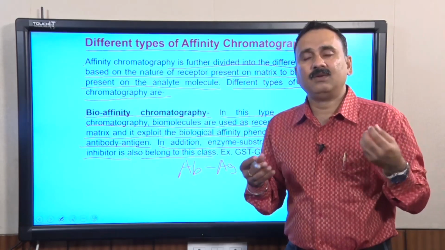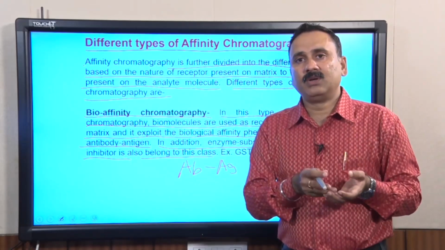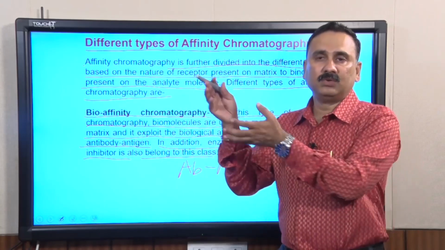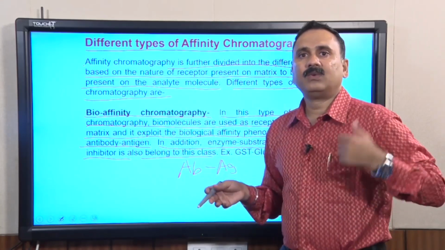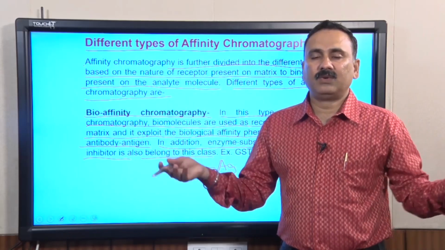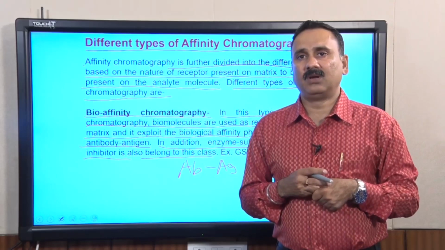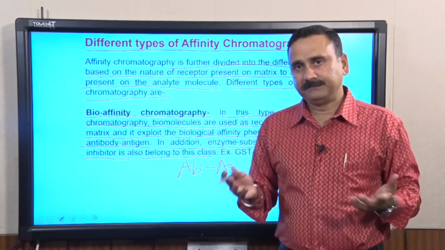So you can use antibody and antigen complexes, where you put the antigen onto the protein and couple the antibodies to the matrix, and use this combination to purify a particular type of protein.